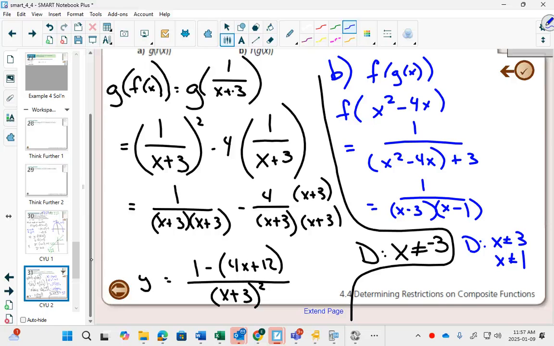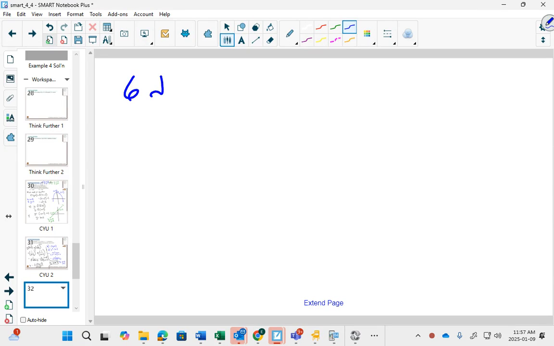Okay. Questions for practice is question 6D, and I actually want to do it together. So I guess if we do it together, we have no question for practice. So let's do 6D together. It tells you that f of x, you can just turn to it, is 1 over x minus 1. It's on page 317.